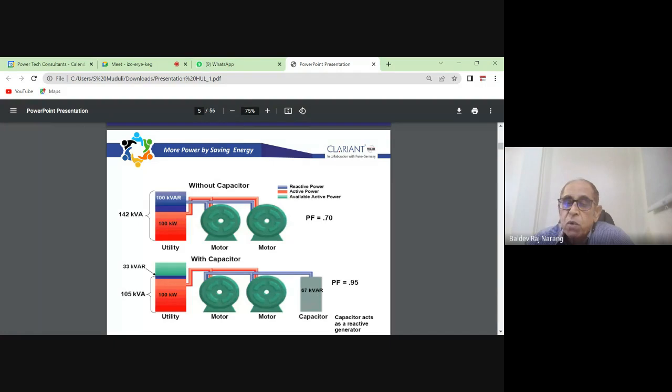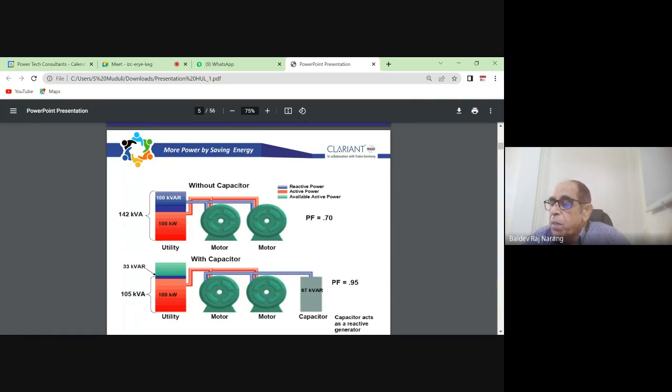We generate our own reactive power. Suppose we have put in a capacitor, and it is shown here, 67 kVAr. So we take the power factor from 0.7 to 0.95. So the reactive power we are generating, about 67 kVAr, reduces the import from the grid, and the import is now left at only 33 kVAr.